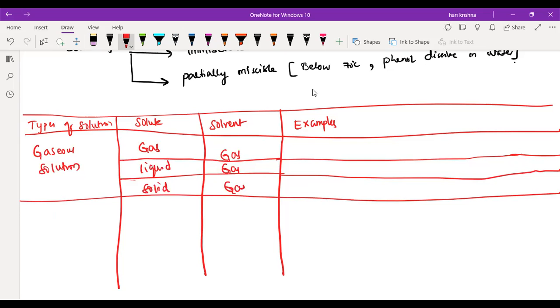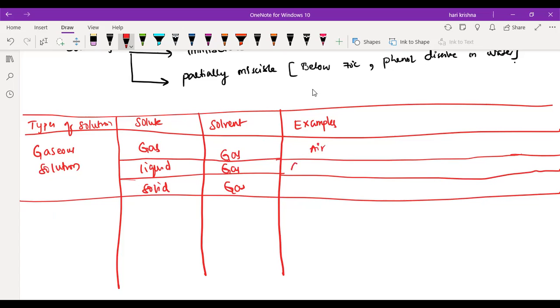Can anyone of you tell me what is a gas in gas example? Air.